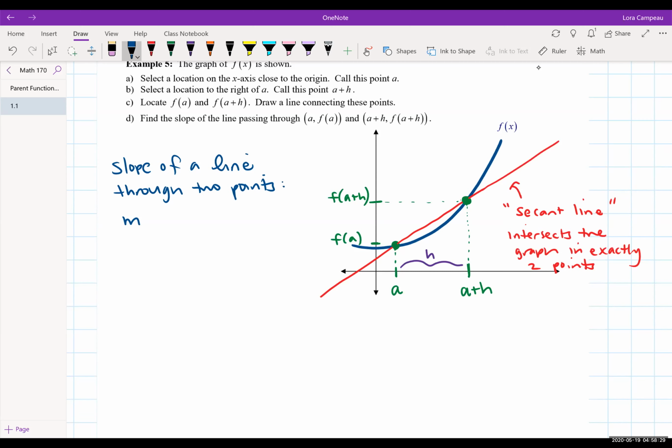And if we're looking at the two points, a lot of times they talked about them as x1, y1, and x2, y2, just to remind ourselves that they are two distinct, different points, as we do have.